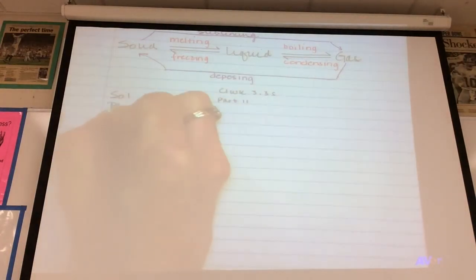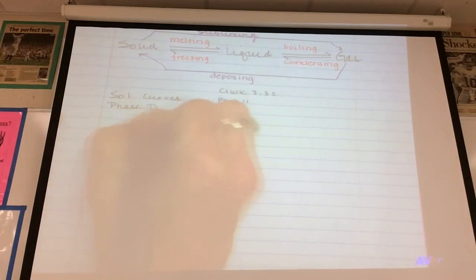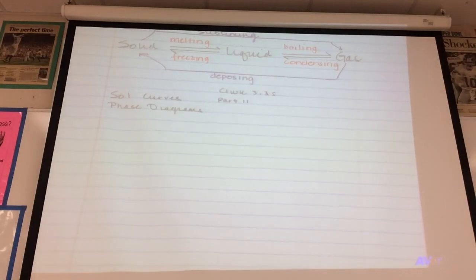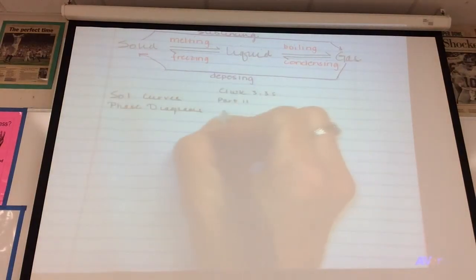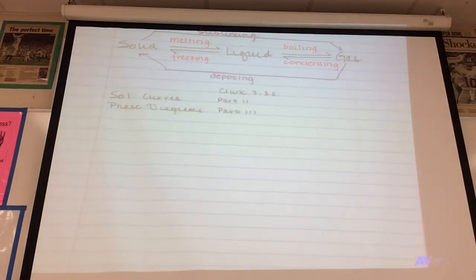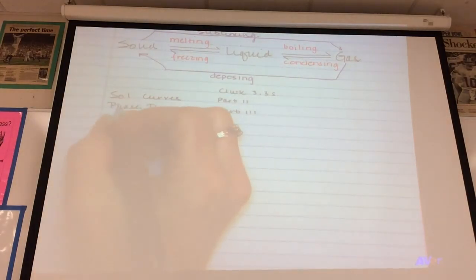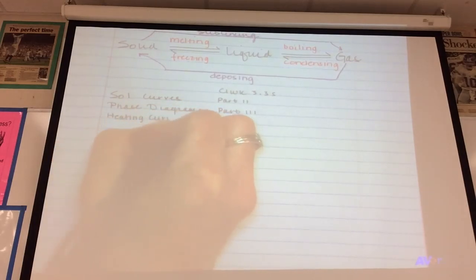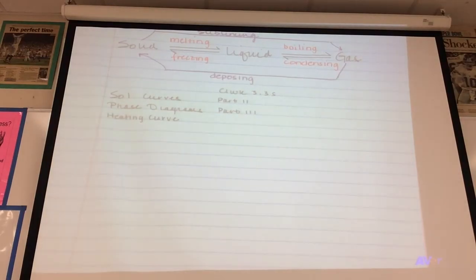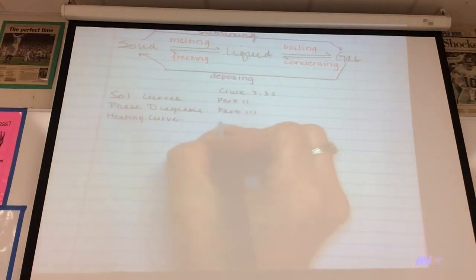We also talked about phase diagrams, and you'll see more questions about phase diagrams on the classwork. This will be part 3. Finally, we looked at heating curves, and you'll be asked to draw a cooling curve, just the mirror image of a heating curve. This will be in part 4.